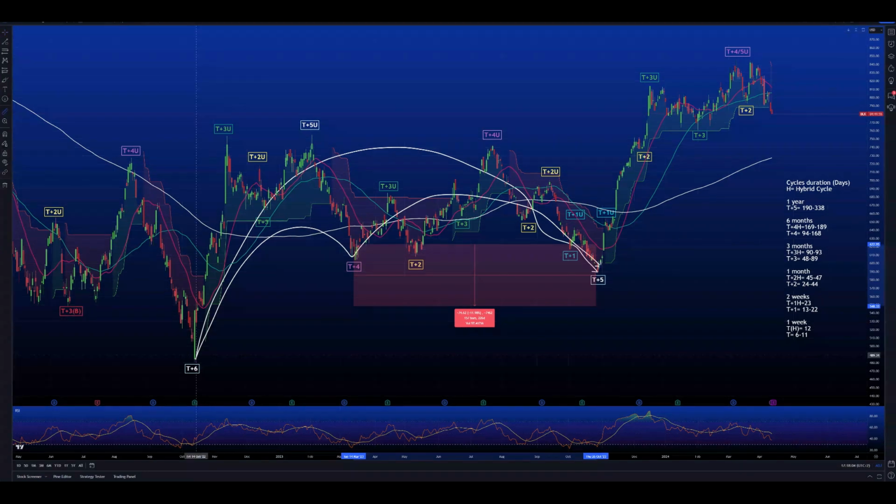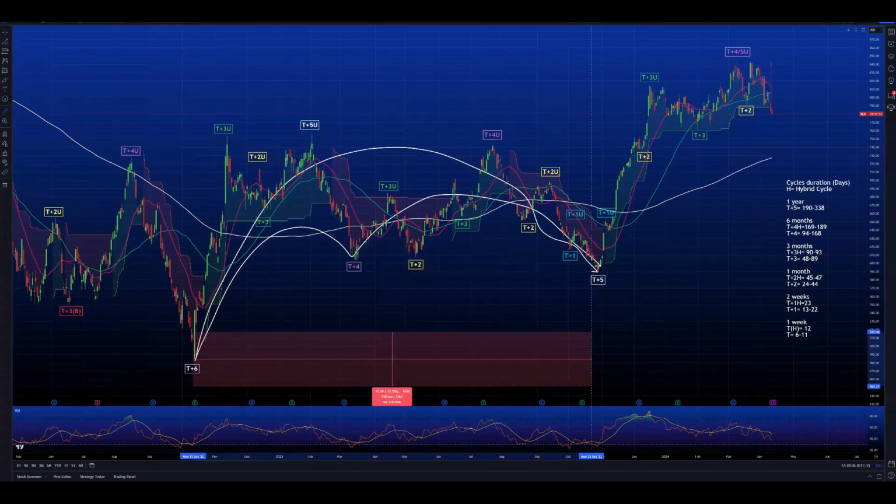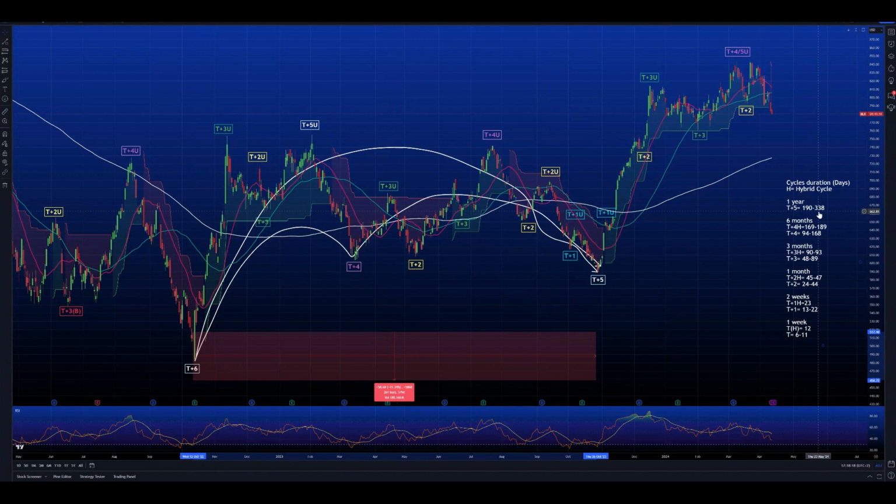So the total duration of the yearly downward cycle has been of 261 days, which is a medium duration between 190 days, which is the minimum duration, and 338 days, which is the maximum duration of a T plus 5.